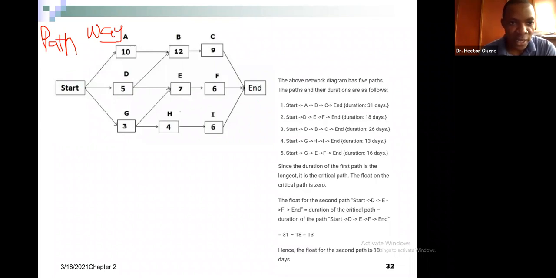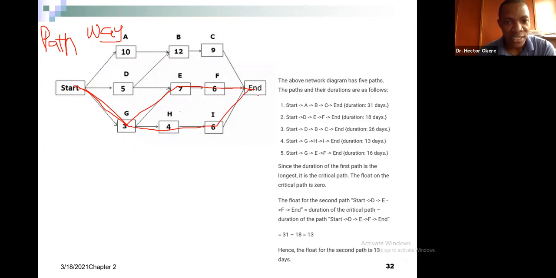You can go with A, B, C, end, right? You can also go with A, D, B, C, end. You can also go with D, E, F, end. You can also go with G, E, F, end. You can also go with G, H, I, end.